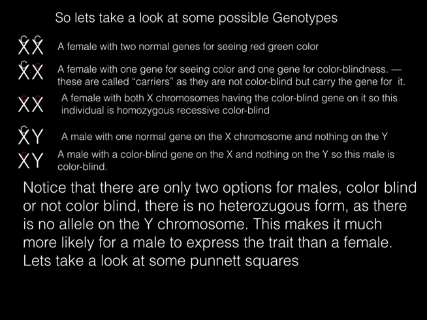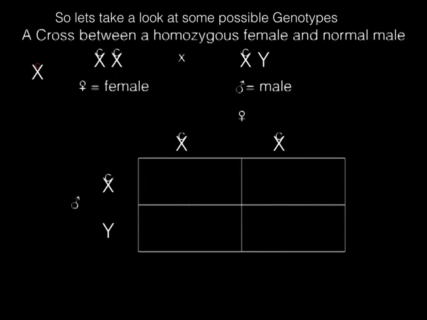Now let's take a look at a couple Punnett squares along with this. So let's take a look at a cross between a homozygous normal female and a normal male. The symbol for a female is a circle with a cross below it. The symbol for the male is a circle with an arrow going up. So a cross between a female that's normal and a normal male.